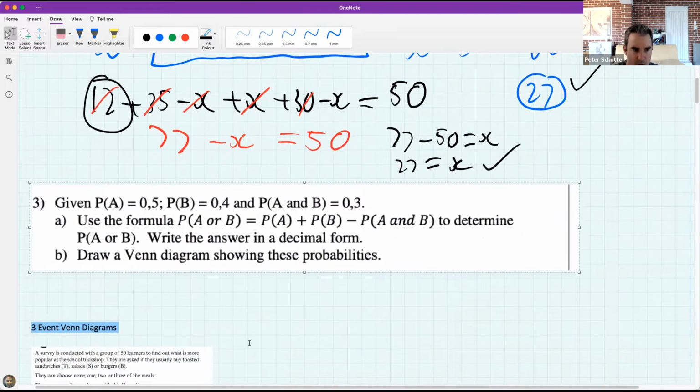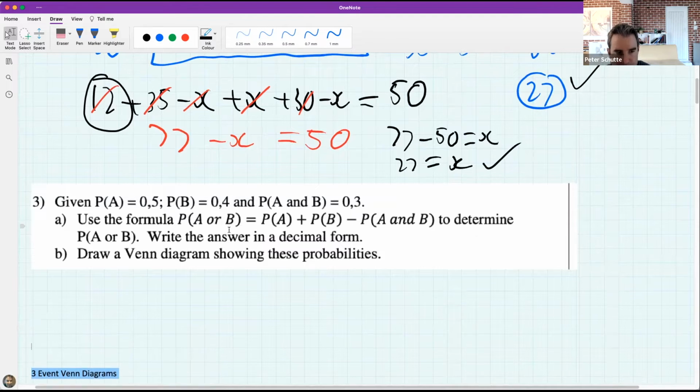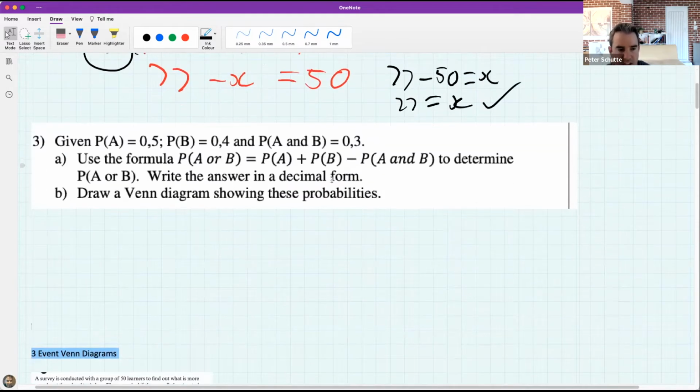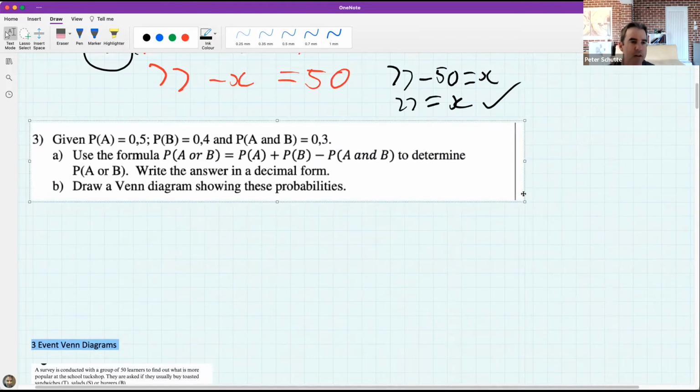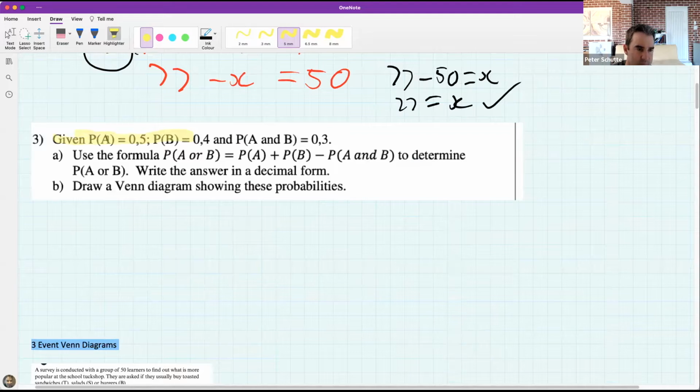And I'm just going to zoom up a little bit and bring this down. Actually, you know, we're not going to draw the Venn diagram. I just want you to do A. So it says you're given the following information.